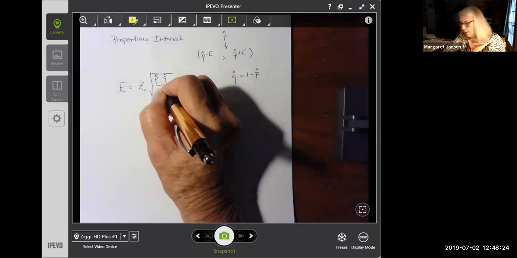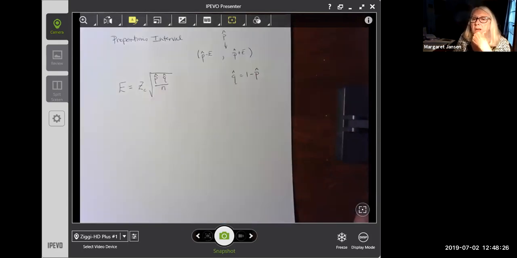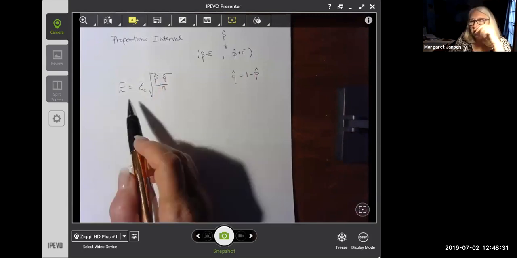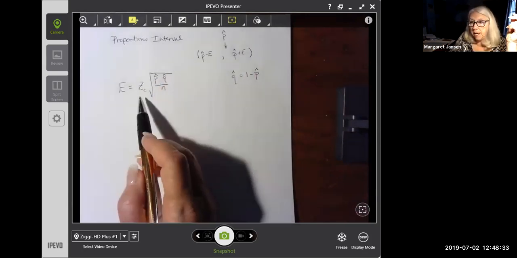So that's your formula. This critical value is exactly the same idea as the t critical value was for a means interval.